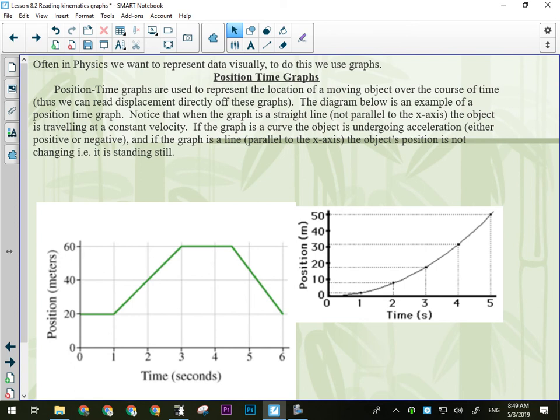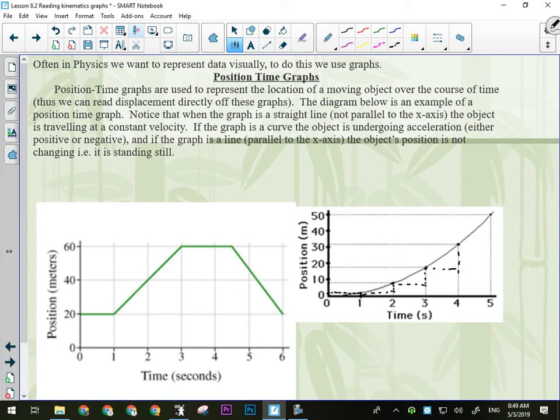Here's how we know that, right? In the first second, okay, so right here, the object only went this far. But in the next second, it went further. In the second after that, it went even further. And again, okay? See how the height of these triangles is getting bigger and bigger, right? The only way for me to go further in the same amount of time is to go faster.